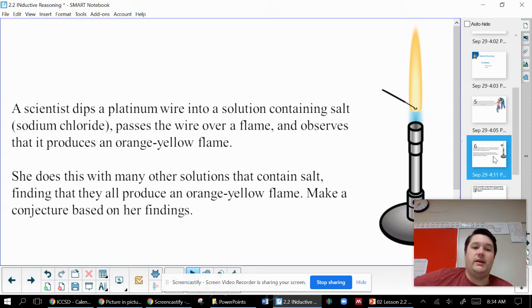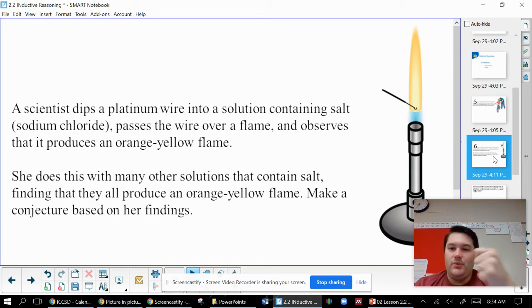And so we're supposed to make a conjecture based on these findings. Now, a conjecture is just something that we think is true. It's based on patterns. It's based on what we've seen in the world, data we've collected, whether it's formally, like writing it down, or just informally by observation of what happens and what seems to be working.